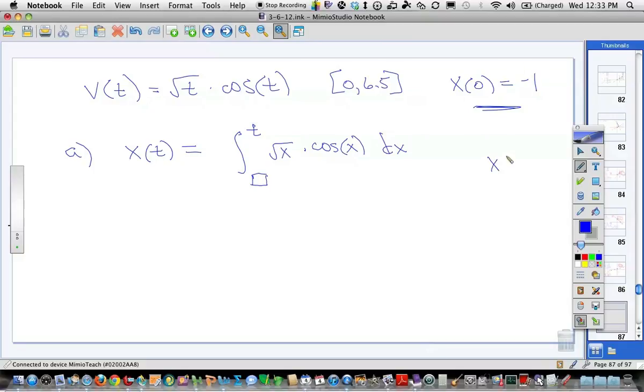Let's pretend the initial condition was x of 3 equals 0. Now what would go right here? 3. Because then x of 3 would be the integral from 3 to 3, which of course we know is 0. But since they have it equaling -1, that causes a problem, or makes it more difficult.